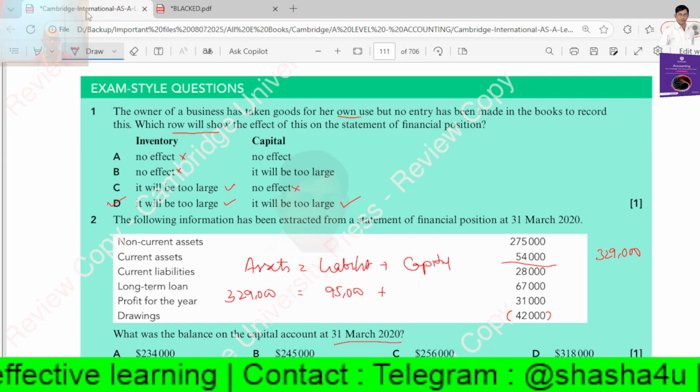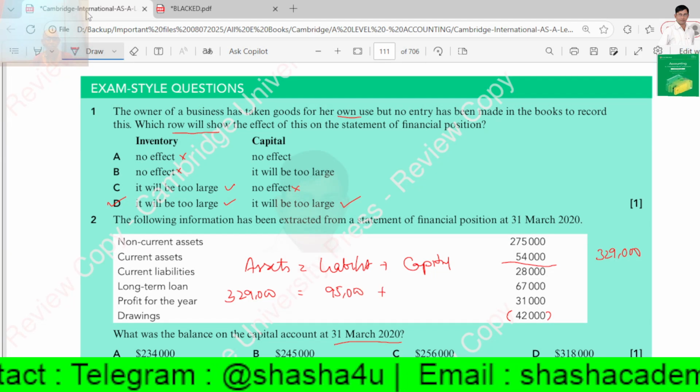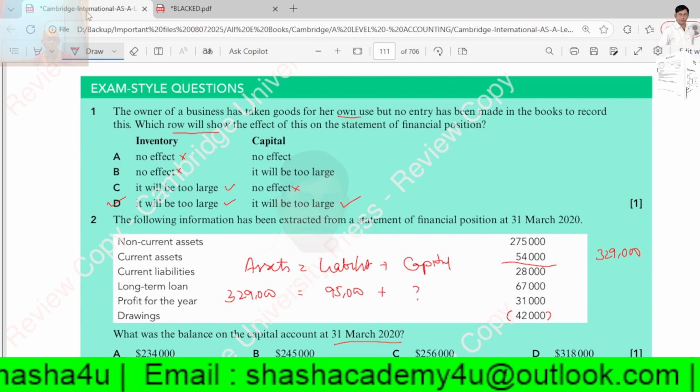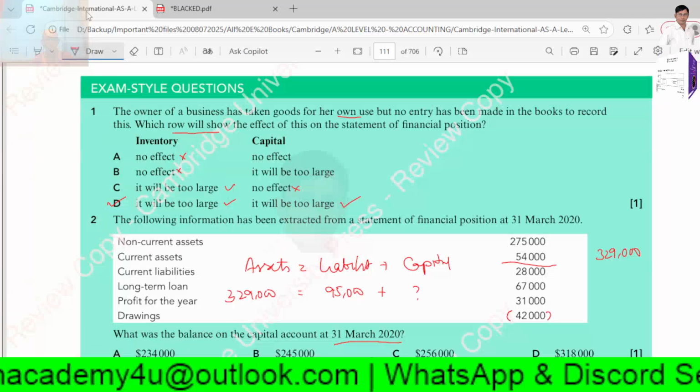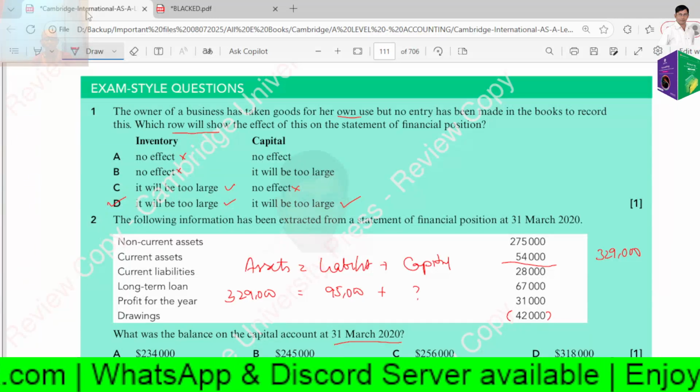So plus capital. Capital is not given, so it is the balancing figure. But they have given other items. So they have given, this is eliminated. Only these two are given.